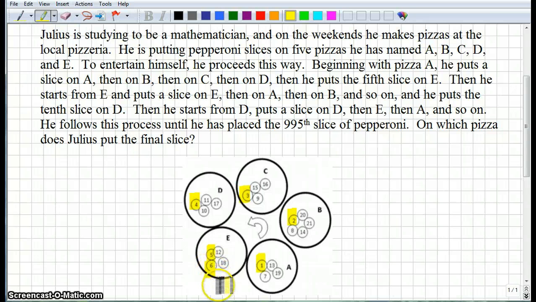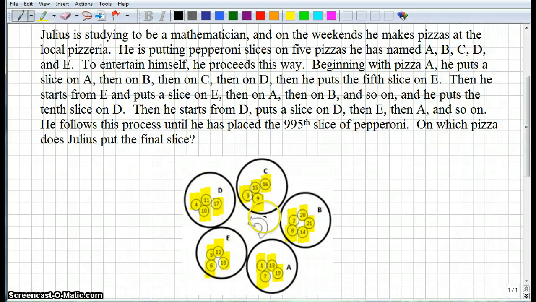Then he puts 6 on E again, and then 7, 8, 9, 10, and then again, every multiple of 5 he does a little stutter, and he puts another slice on that same pizza. And so there's 11, 12, 13, 14, 15, he does the little stutter, 16, 17, 18, 19, 20, then he does a little stutter, and then he would continue on, 21, 22, and so on, around.